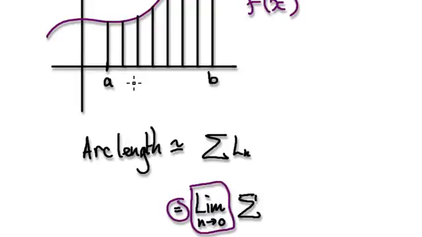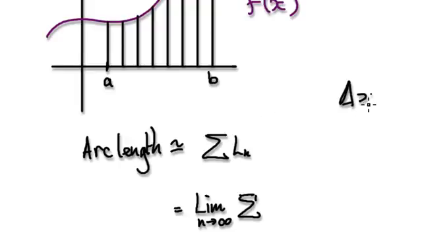Remember, n is the number of strips. So as n tends to infinity, as the number of strips tends to infinity, delta x will tend towards 0. Okay, so our aim here is to increase the number of strips.